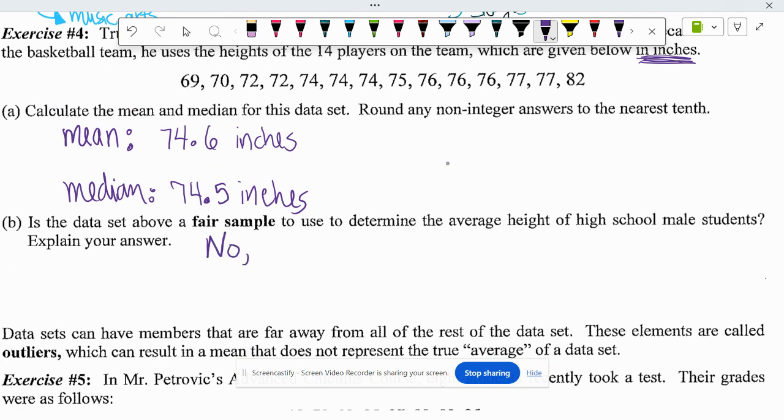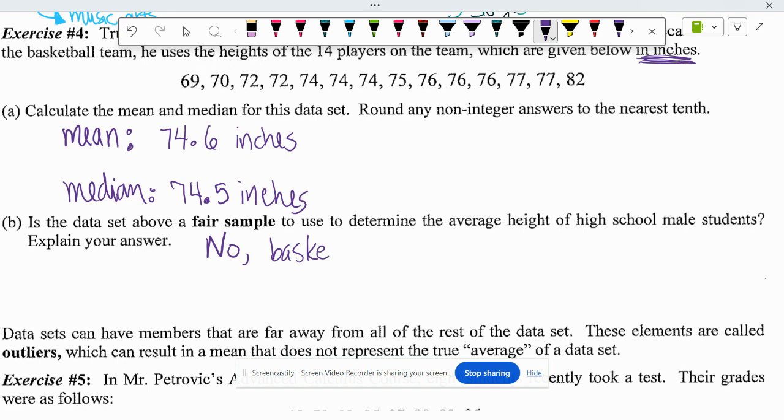What's a typical occurrence of basketball players, especially male basketball players? What do you know about guys on the basketball team? They're typically taller, right? Yeah. Good job.